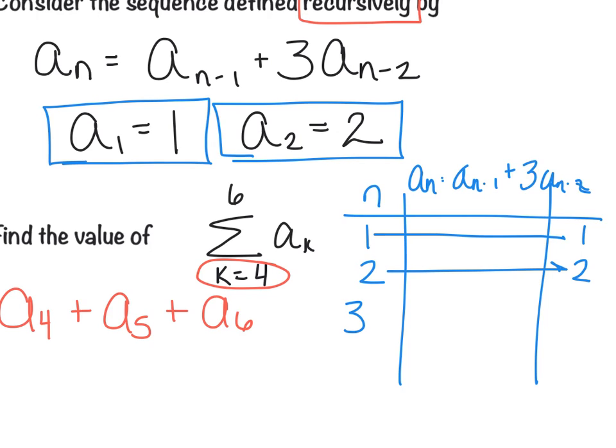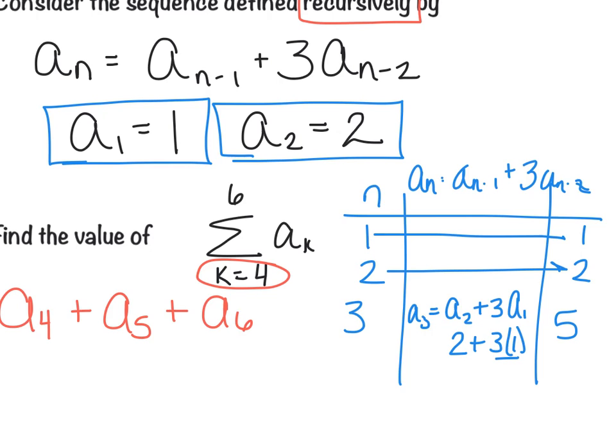If I want the third term, that's a sub 3 equals a sub 3 minus 1, which is really a sub 2, plus 3 times a sub 3 minus 1, so that's 3 times a sub 1. Now again, the more steps you show, the easier this is. A sub 2 is actually 2 plus 3 times a sub 1, which is 1. So 3 plus 2 gets me a total of 5.